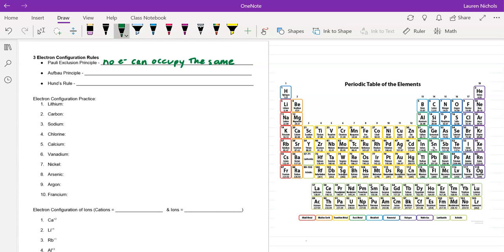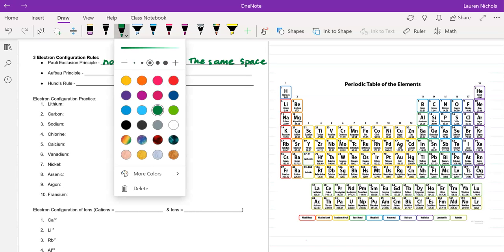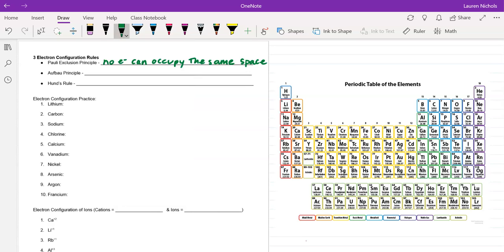And so what that means is you can't have 2 electrons in the exact same spot. They have to be in different locations. They can't sit right on top of one another. And so that means each of these boxes on the periodic table has to represent only 1 electron, not 2.